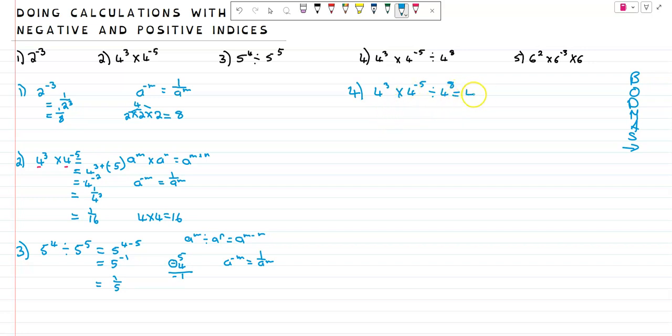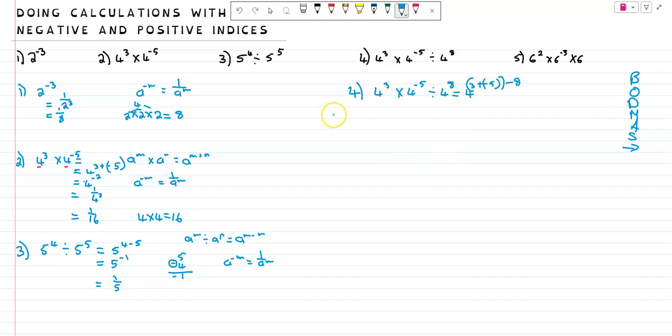We have 4 to the power of 3 plus negative 5, so negative 5 in brackets, and then the whole equation in brackets, minus 8. Which rules are we incorporating?